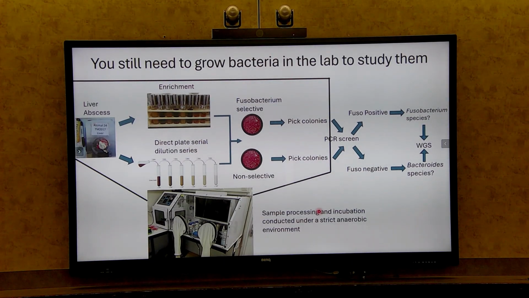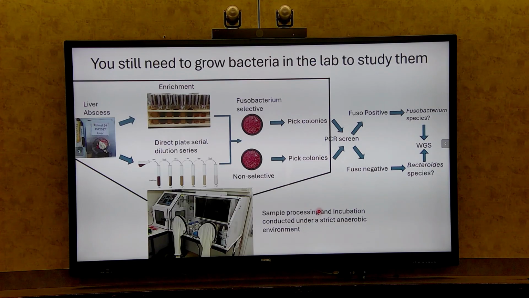So Bacteroides is quite difficult to grow. It's more sensitive to oxygen than Fusobacterium is. And so I'm not sure if previous studies' inability to isolate this organism has been related to how they handled the abscess before they tried to grow things from it.